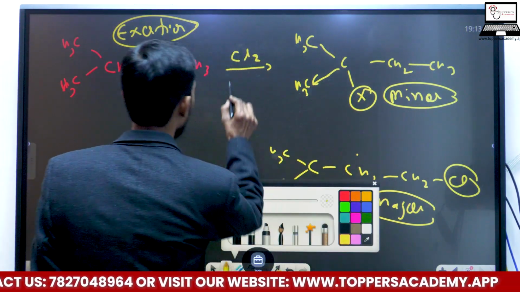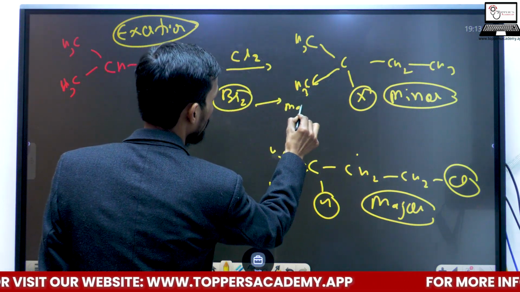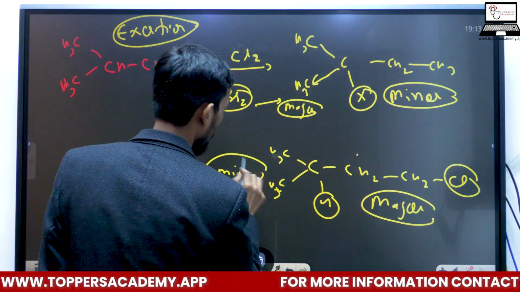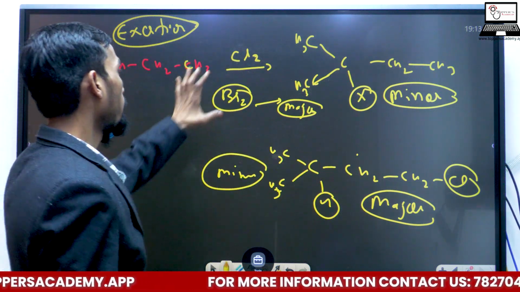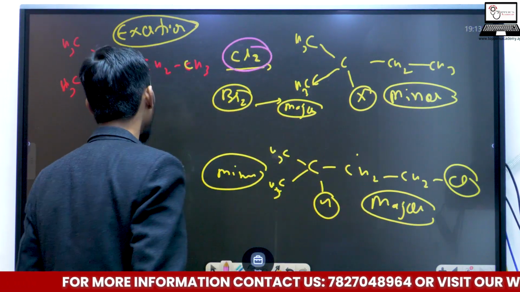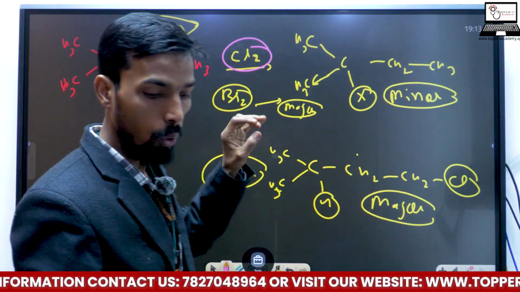But if we have Br2, then this will be our major and this will be our minor. So the same trend proceeds, but in the case of Cl2, I am telling you this is an exceptional question. What is the reason for this exception?